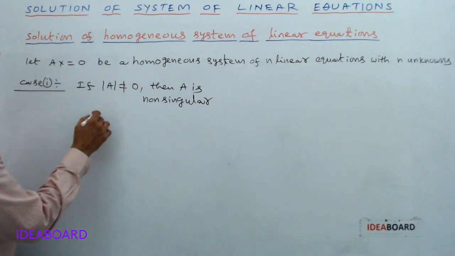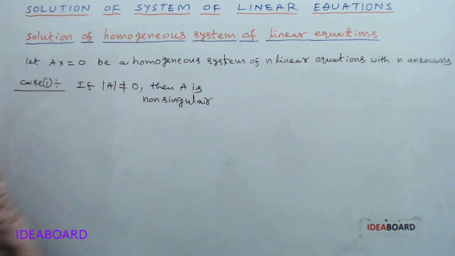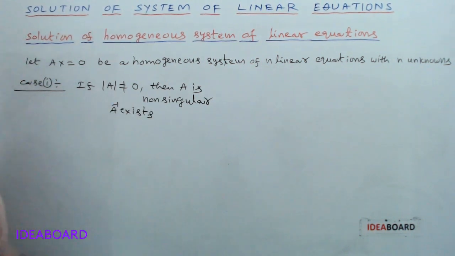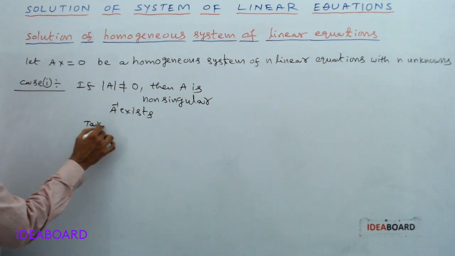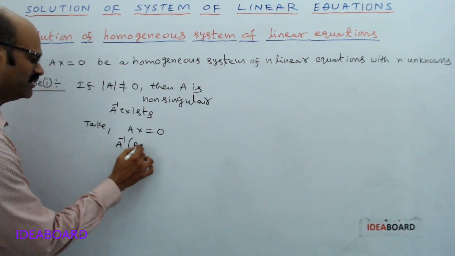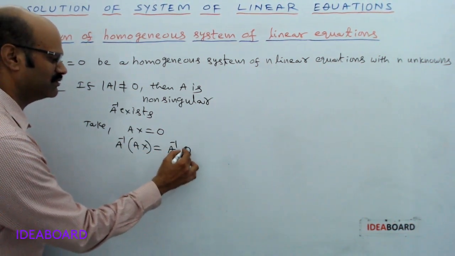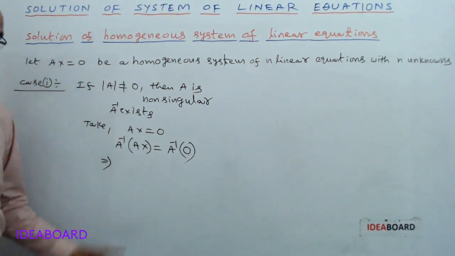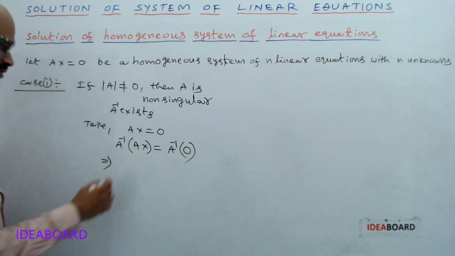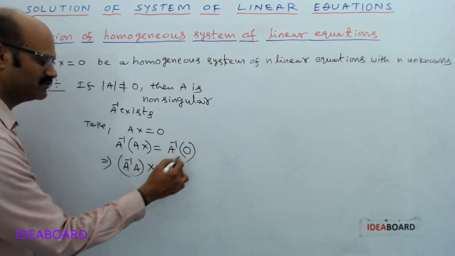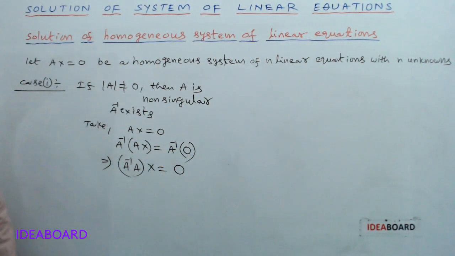Now, take Ax equal to 0. Whenever A is a non-singular matrix, A inverse exists. Pre-multiplying by A inverse, A inverse into Ax equal to A inverse into null matrix. We know that matrix multiplication is associative, so A inverse into A into x equal to A inverse into null matrix, which is always equal to null matrix.